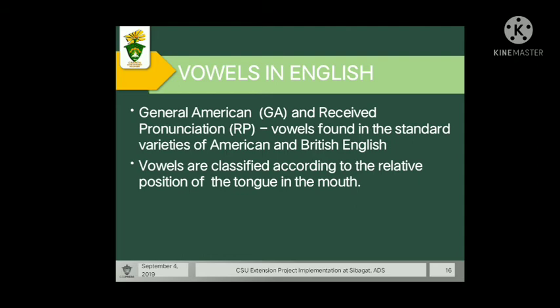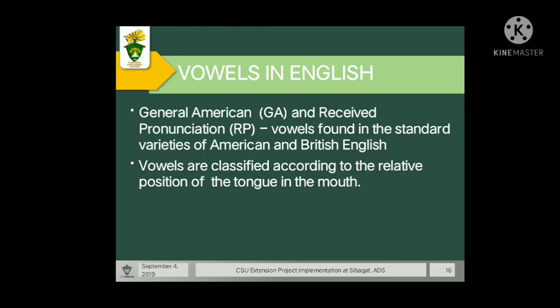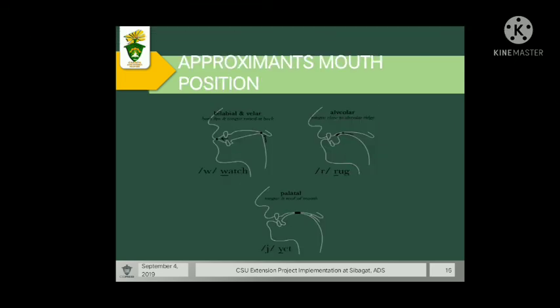For this reason, the discussion in this section will be restricted to the vowels found in the standard varieties of American and British English, also referred to as General American or GA, and received pronunciation or RP.